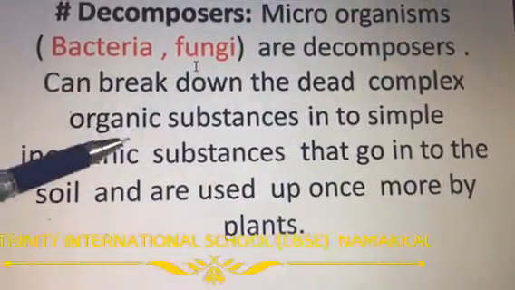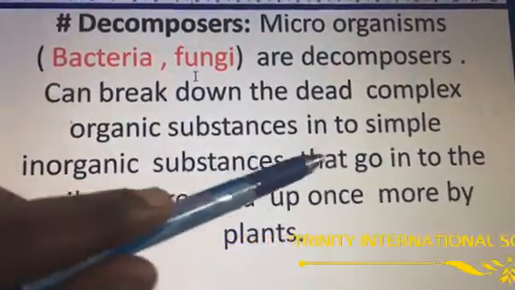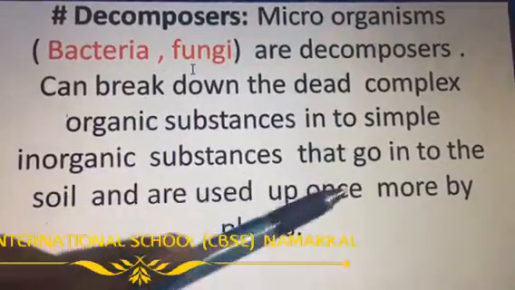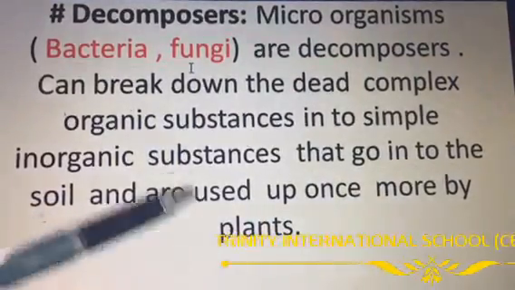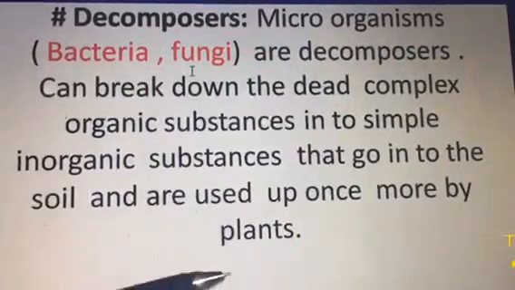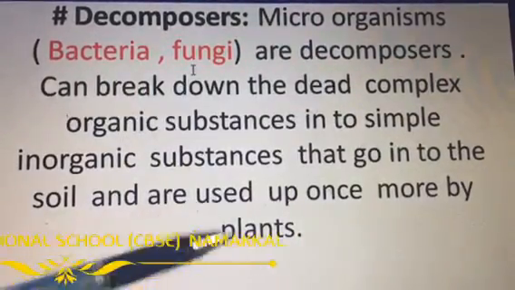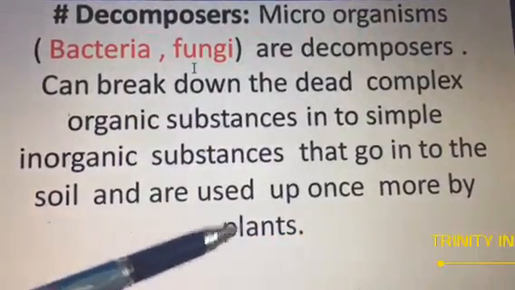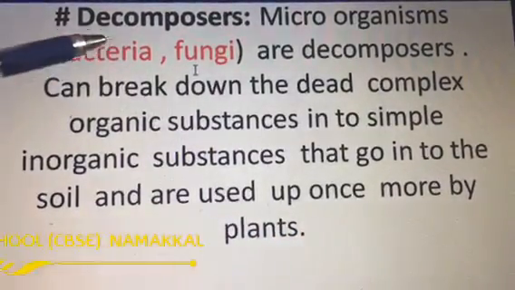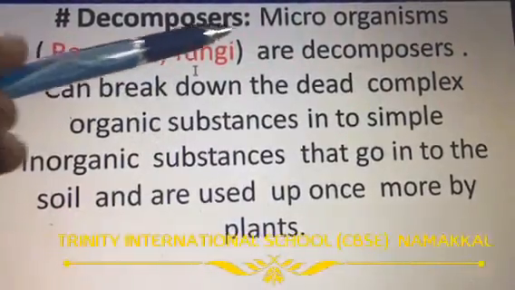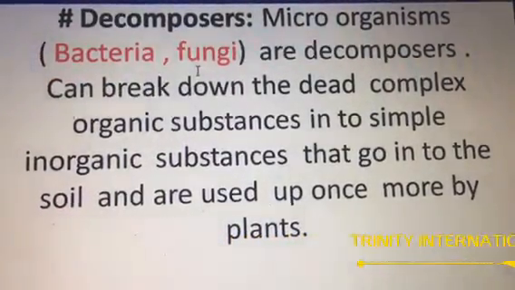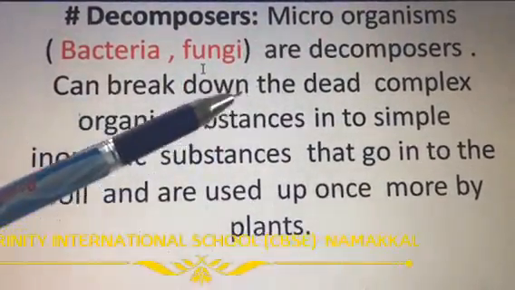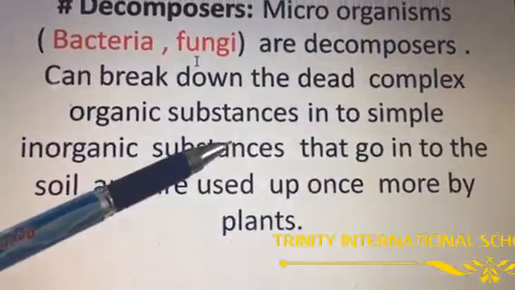These go into the soil and are used up once more by the plants. So waste materials are decomposed into smaller substances, which are utilized by the plants for growth. If bacteria and fungi were not there on the earth, no decomposition process would occur.